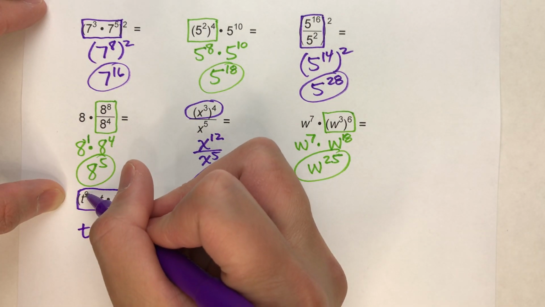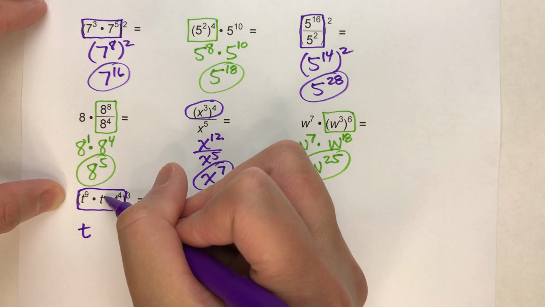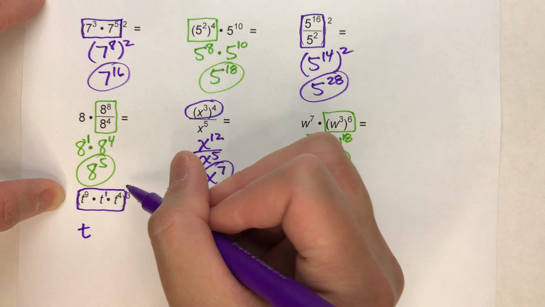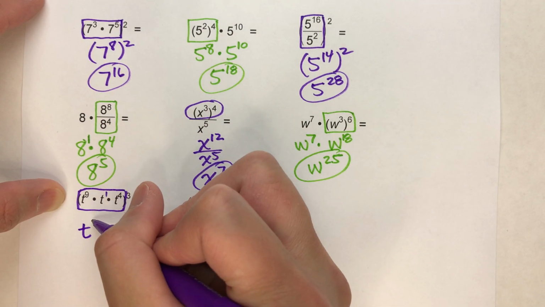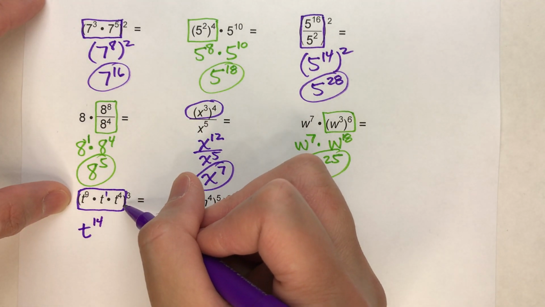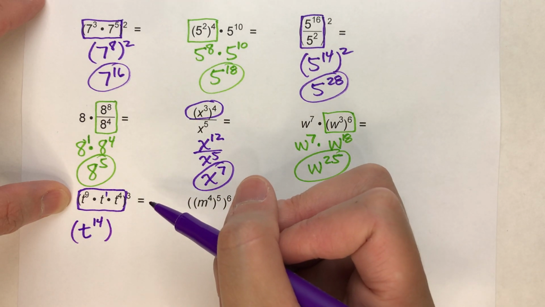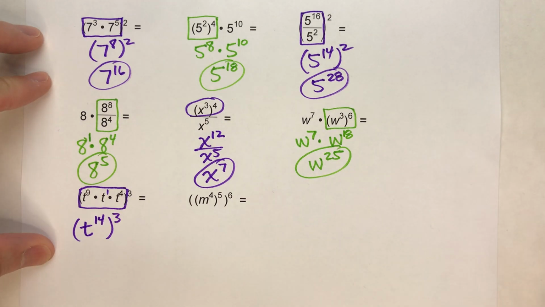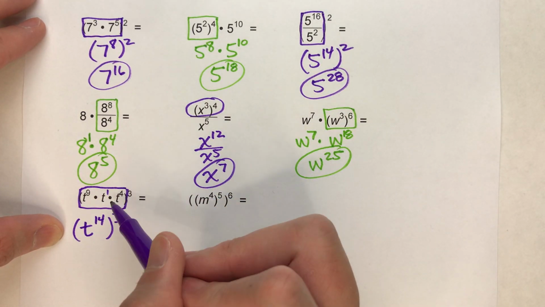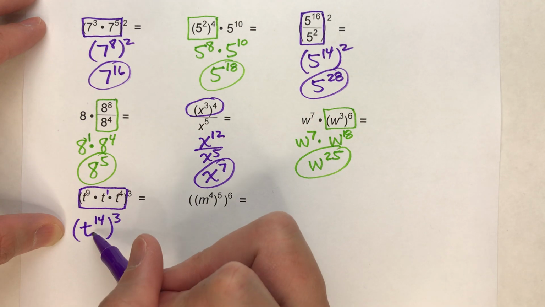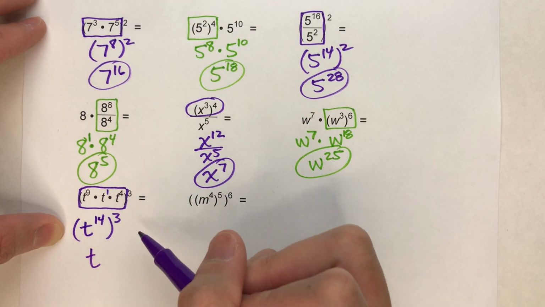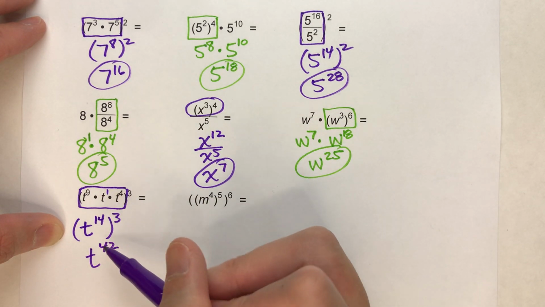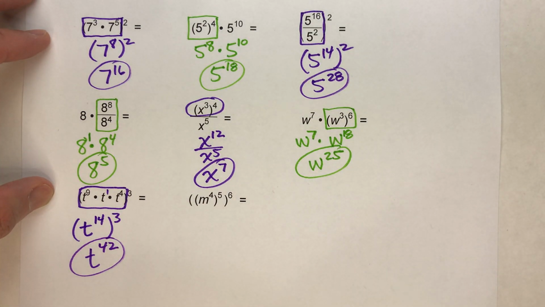So let's add them. This one's 9. This one doesn't have an exponent, so it really means to the 1st power. So that's a 1, and that's a 4. So 9 plus 1 plus 4 is 14. So this is t to the 14th power inside these parentheses. But remember, it's all still being raised to the 3rd power. So now we can finish this problem by using the power to a power rule. And the rule is keep the base, multiply the exponents. t to the 42nd power.